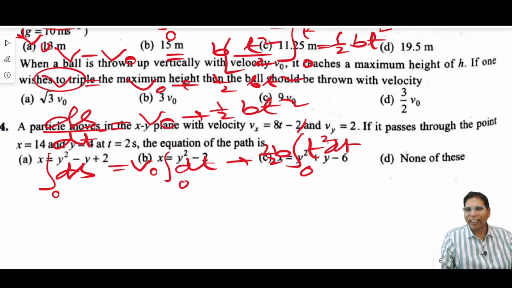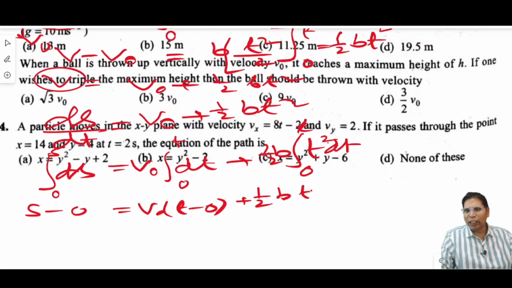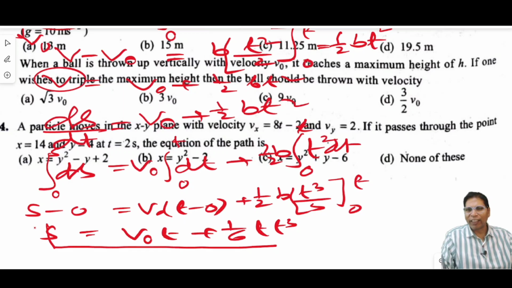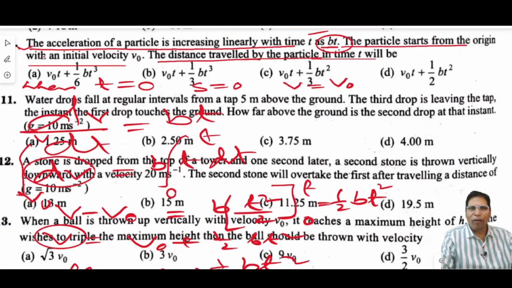So s minus 0 equals v naught into t minus 0, plus half b into t cube by 3. So s equals v naught t plus 1 by 6 b t cube, which is the distance traveled by the particle. Okay, understood? Option A is correct.